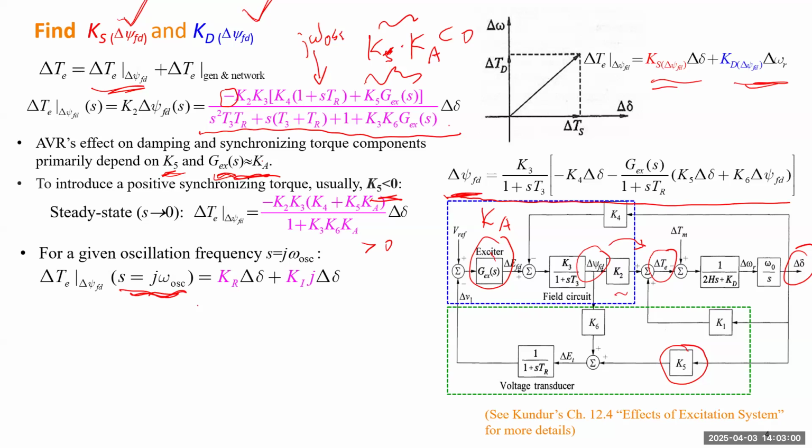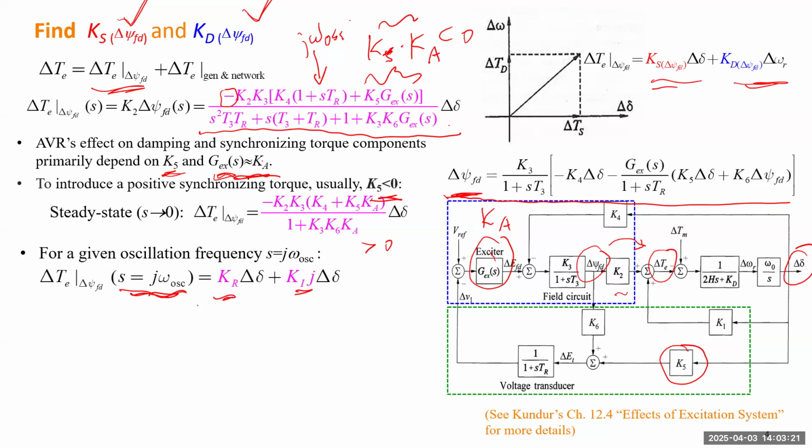The entire transfer function is just a coefficient of delta, but now you plug in an imaginary number, which will create some real part and some imaginary part. Assume we have a real part and an imaginary part. They both multiply the angle deviation.